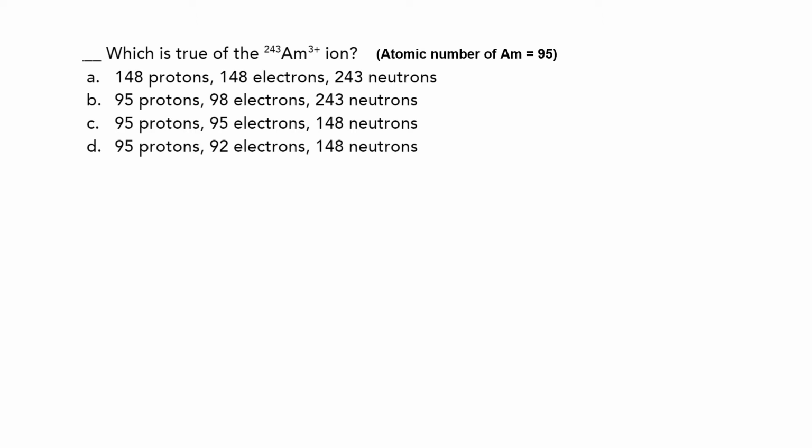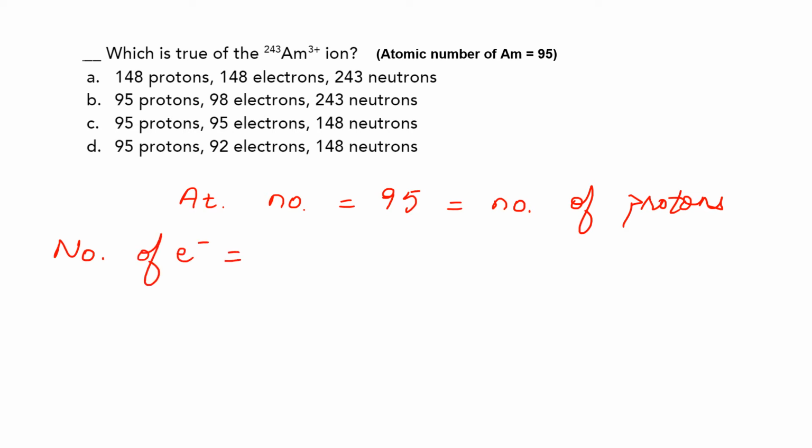The atomic number is 95, which is the number of protons. For an ion, the number of electrons is the atomic number, or number of protons, minus the charge. So 95 minus 3 comes out to be 92. The number of electrons is 92 and the number of protons is 95.